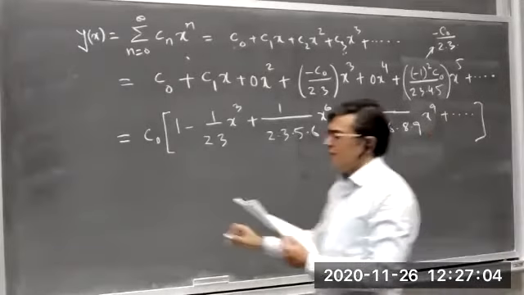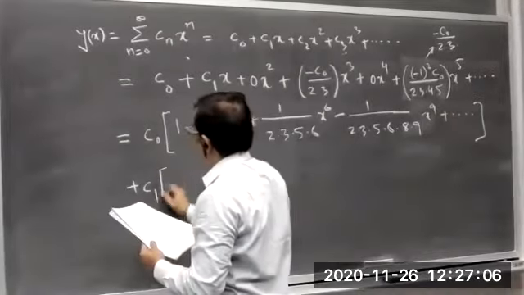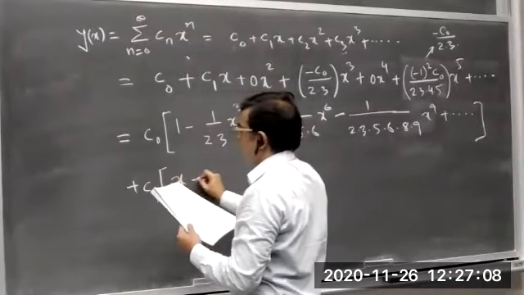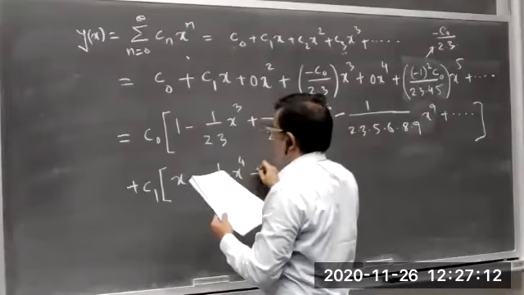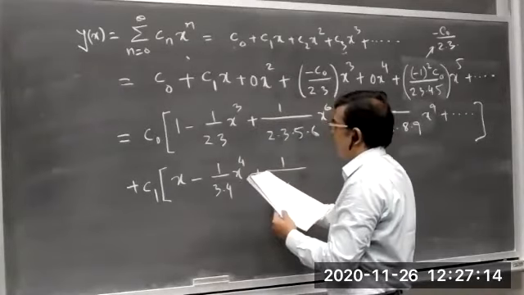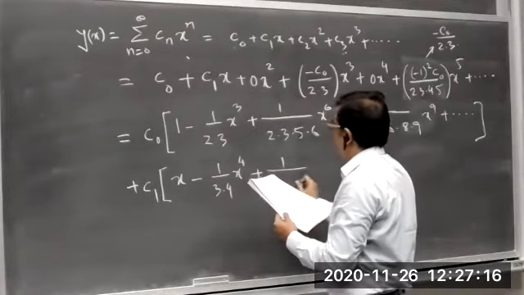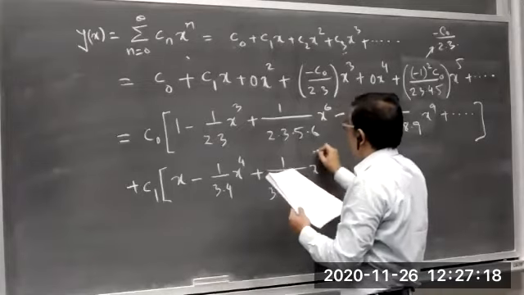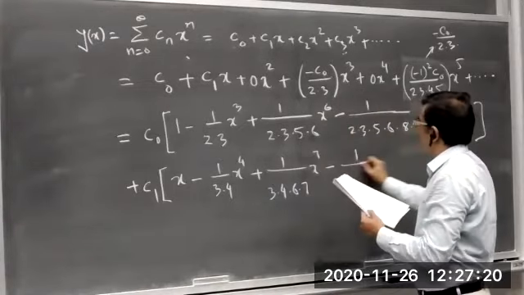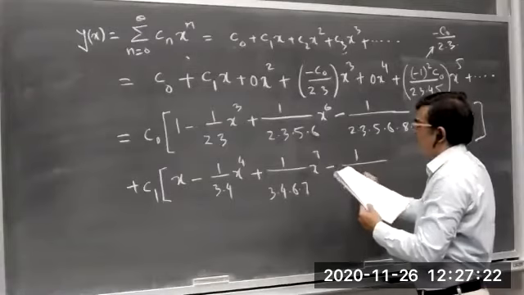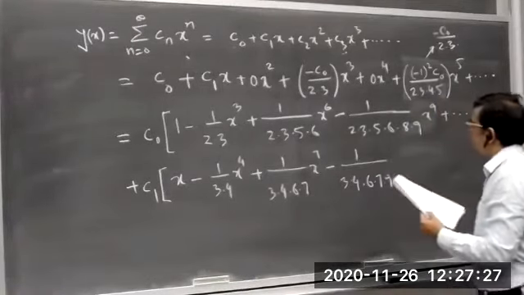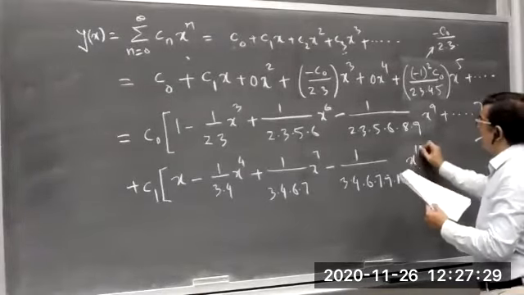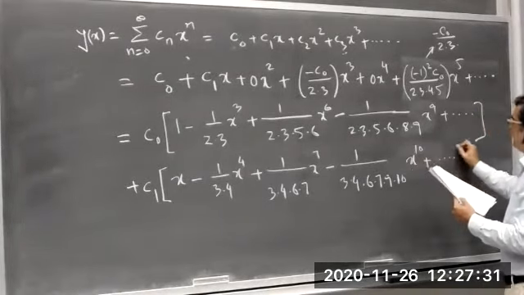And plus C1 times x minus 1 by 3 times 4 x power 4 plus 1 over 3 times 3 into 4 into 6 into 7 x raised power 7 minus 1 over 3 into 4 into 6 into 7 into 9 into 10 x raised power 10 plus so on.